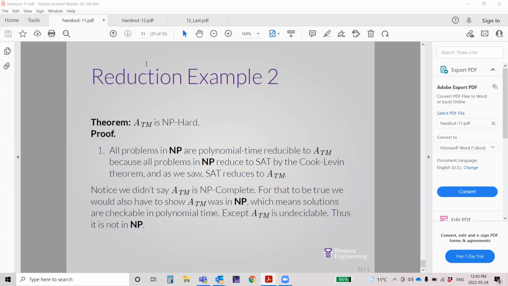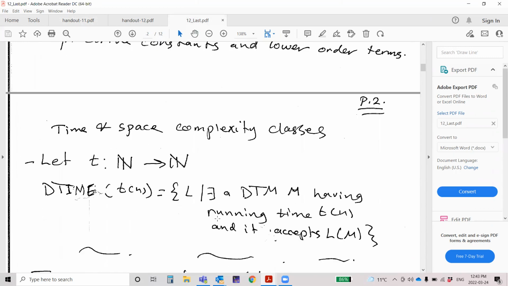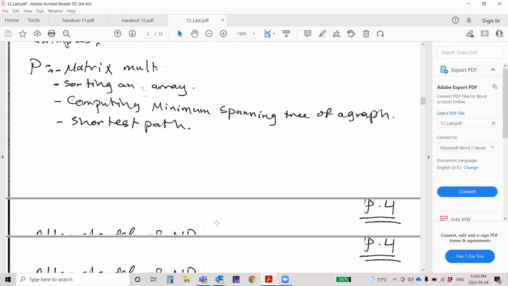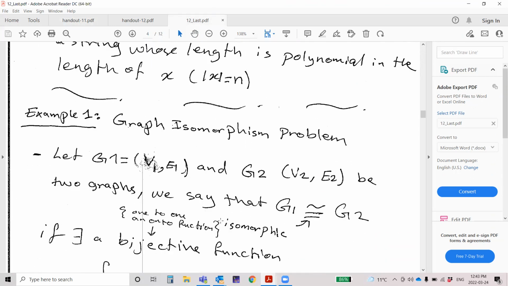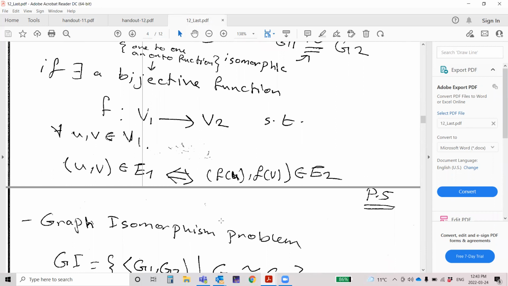It will be clearer when we talk about those things in the class note, which summarizes handouts 10, 11, and 12.